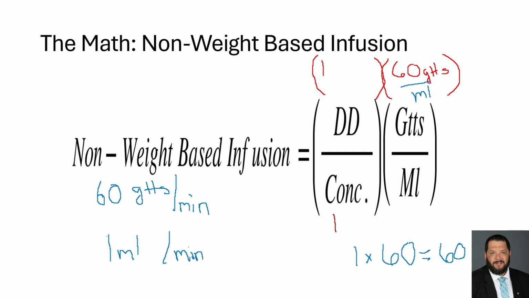And therefore, if we ran this infusion for a period of 10 minutes, we would be giving 10 milliliters of solution. We also could work backwards to determine, with a concentration of 1 milligram per milliliter, that a total of 10 milligrams of medication would be administered over this 10-minute time period. I encourage you to pause here and practice some of these equations.